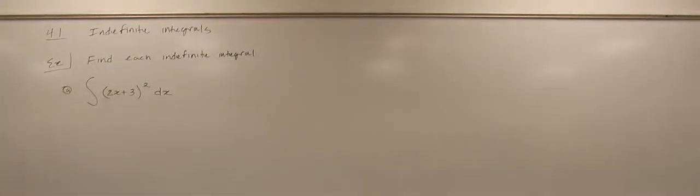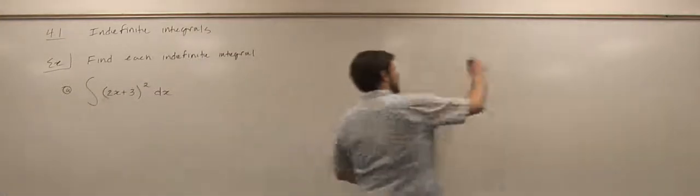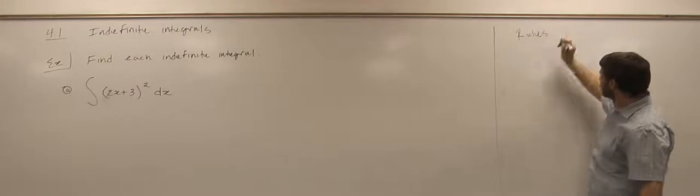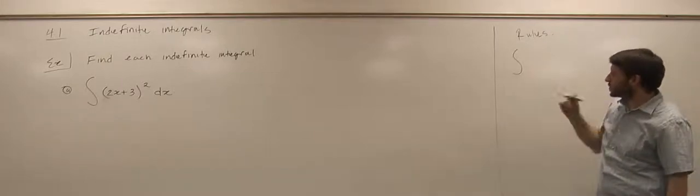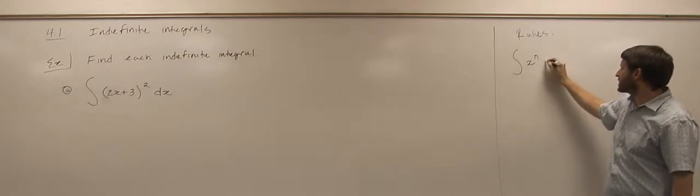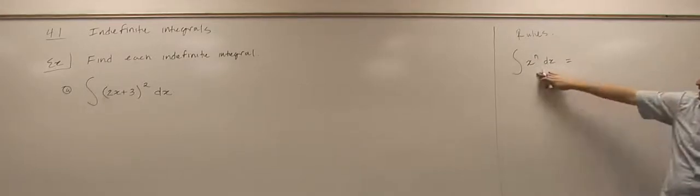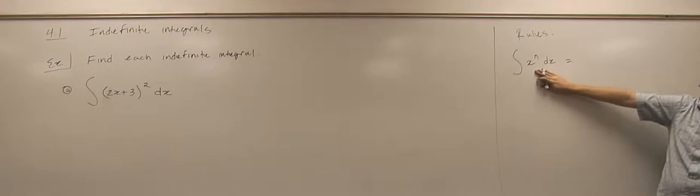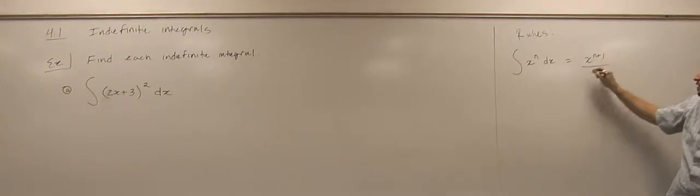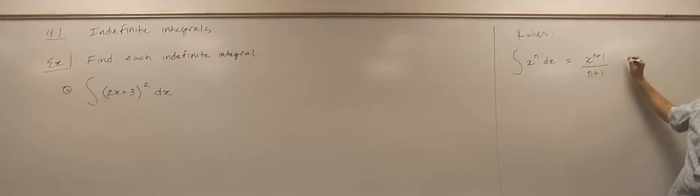Foil it out. So we have rules, right? There's a couple of things we learned. For integrals, one of the most important rules right now is the power rule for integrals, which says if you have x to the n, the integral is x to the n plus 1 over n plus 1, plus a constant.